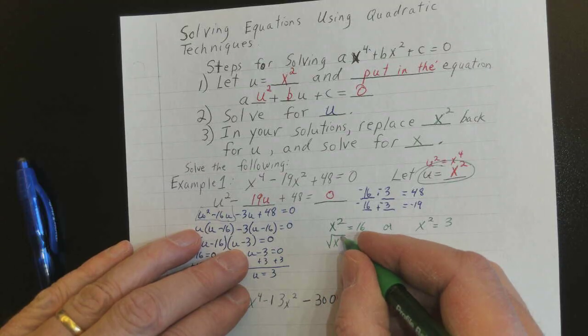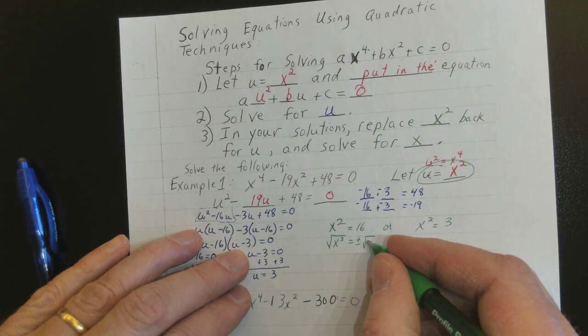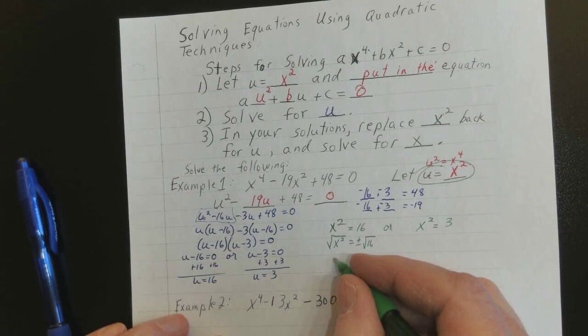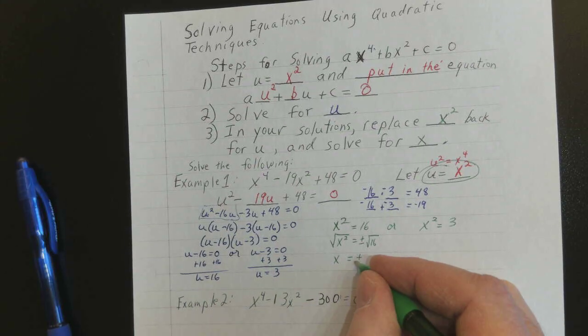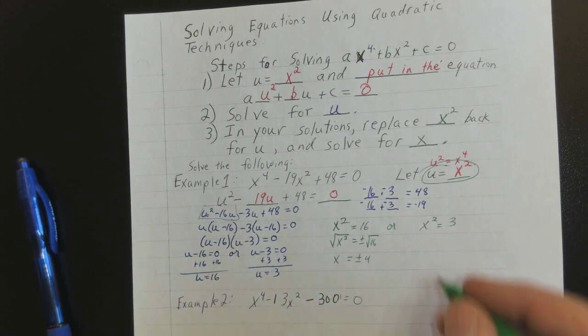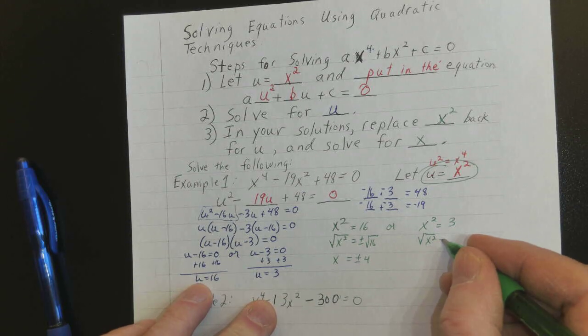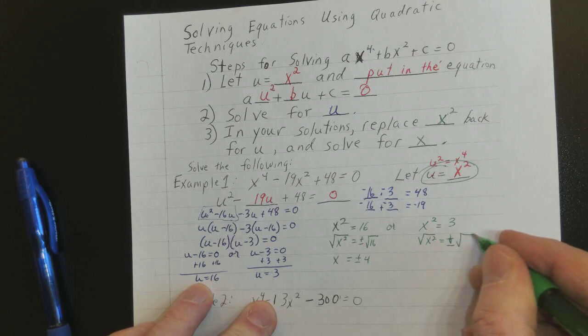All right. I'm going to take the square root of x squared, plus or minus square root of 16. That's x. What is the square root of 16? 4. X is plus or minus 4. And I always go plus or minus.